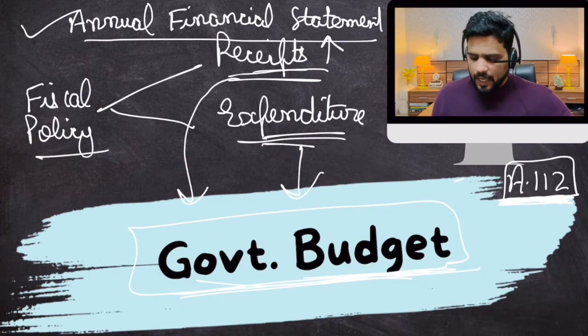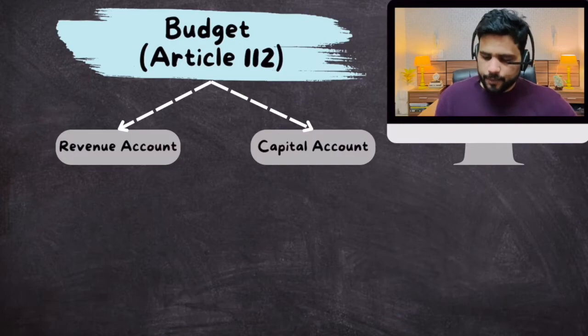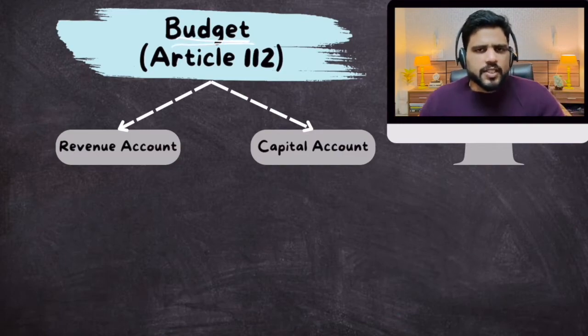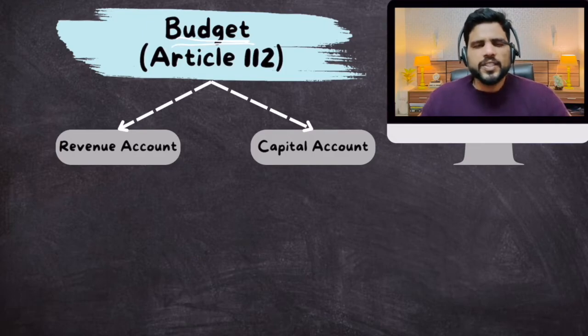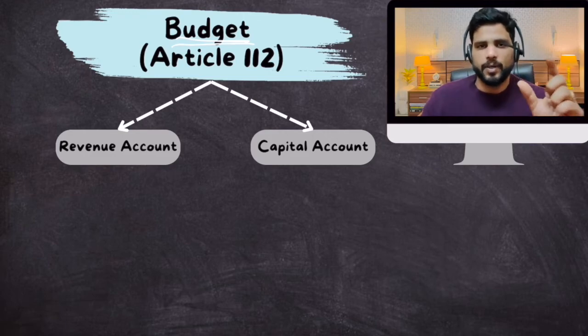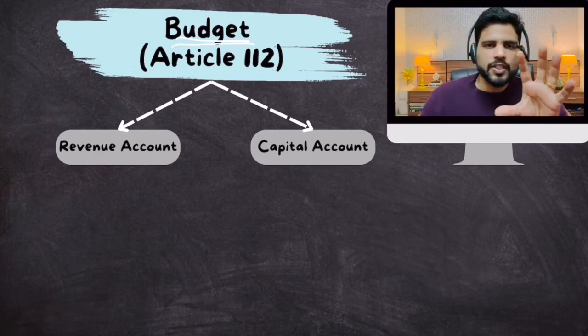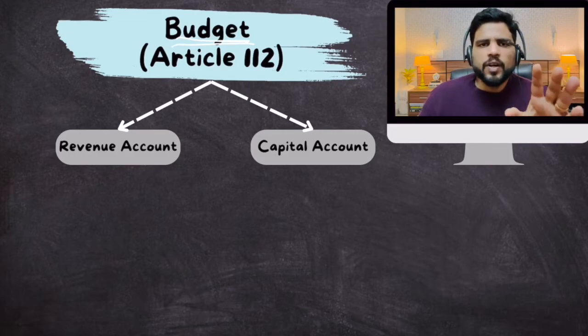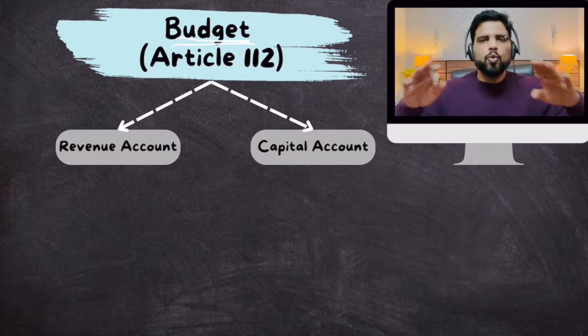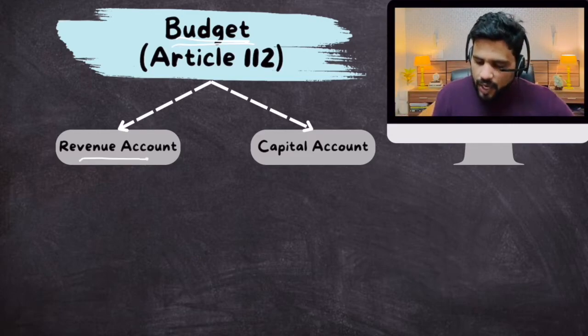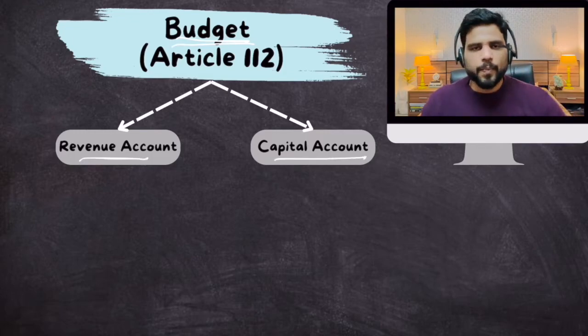Okay. Now let's talk about the budget. Okay. Now it's not just that the constitution has mentioned that you have to present a budget. The constitution has given some details about the format of the budget. Okay. The constitution says that since budget is all about receipts and expenditure, you will present the budget in such a way that all these receipts and expenditures are divided into two parts: revenue account and capital account. Okay.